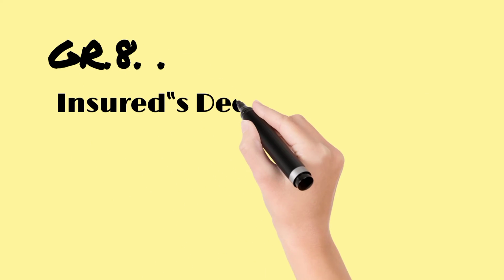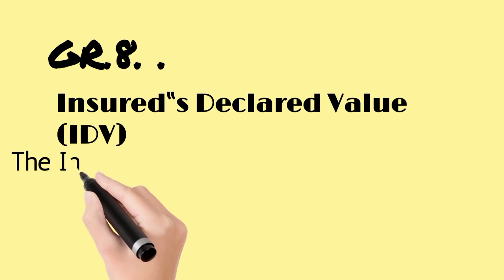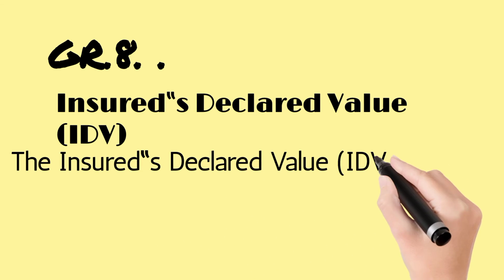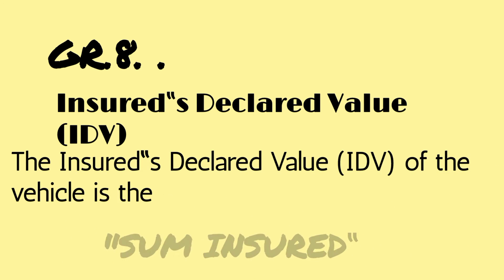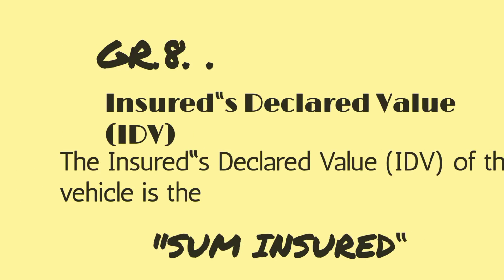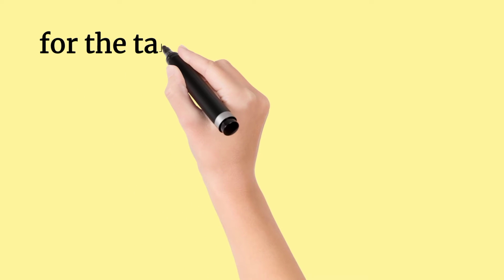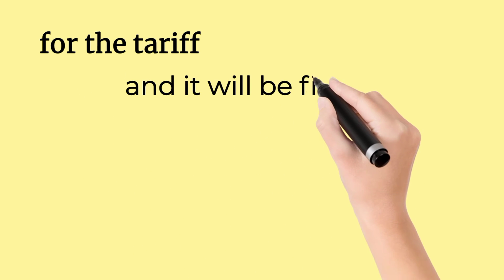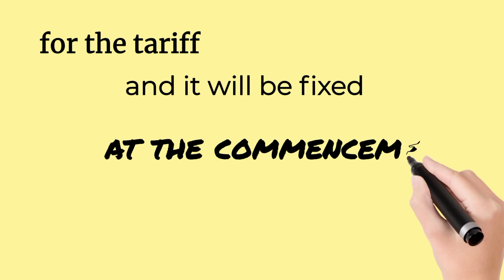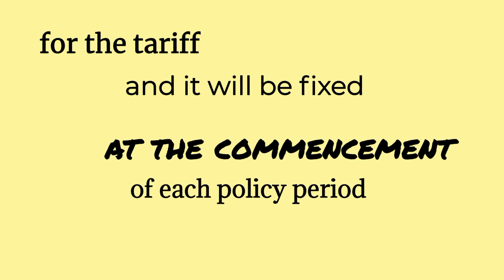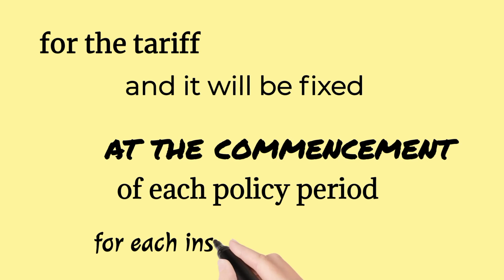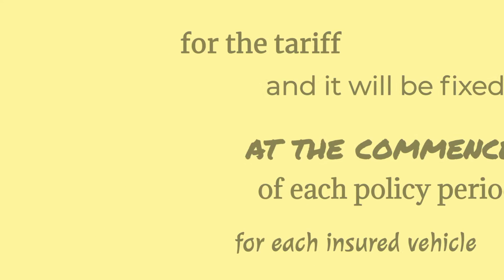GR8 Insured Declared Value, IDV. Insured declared value of the vehicle is the sum insured for the tariff, and it will be fixed at the commencement of each policy period for each insured vehicle.